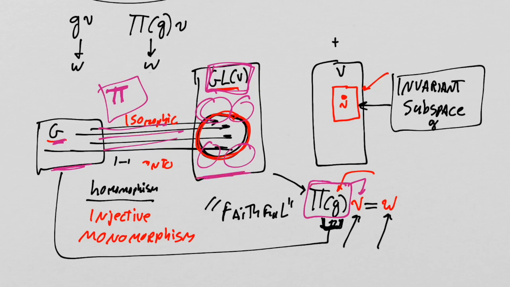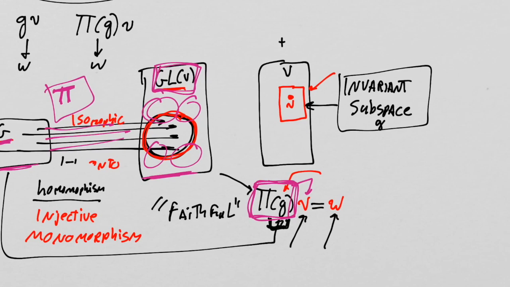So once I find such a representation, that representation will have an invariant subspace of some sort, right? And there are always two invariant subspaces. The first is we have to remember that every vector space has a zero element.